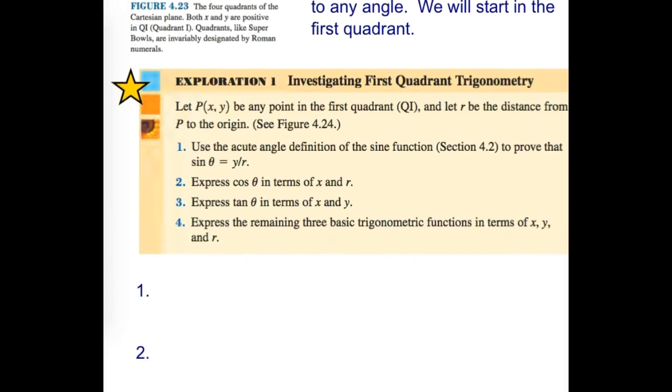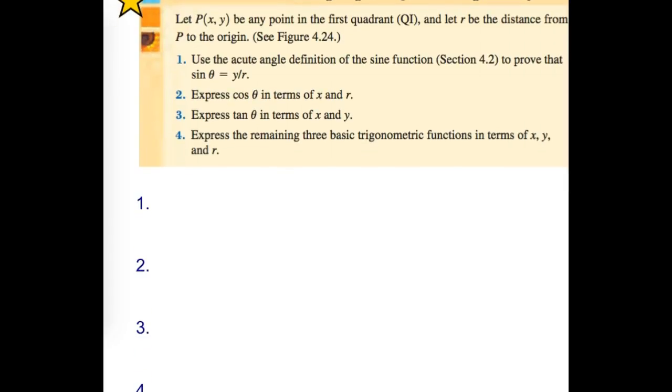So the first thing it says, we want to let P be a point x, y. We're going to start out in quadrant 1 and let R be the distance from the point P to the origin. All right, so let's sketch a picture. Let's find a point here in quadrant 1.